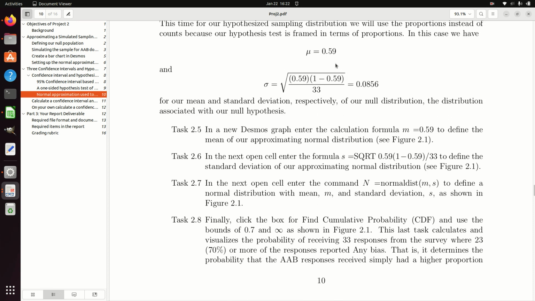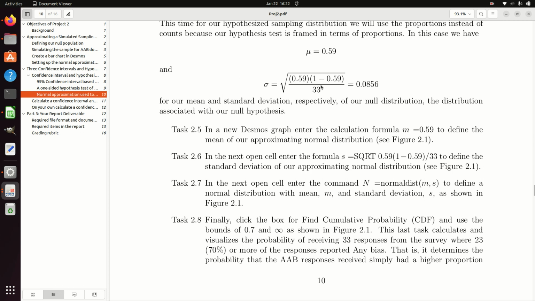Okay, so I need to create a normal distribution now. Now we'll just work with the proportions. So things are similar, but I've moved the 33. There's no 33 in the mean anymore because I just want to use the proportion.